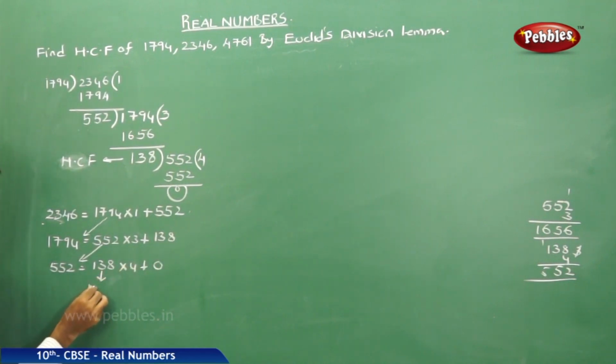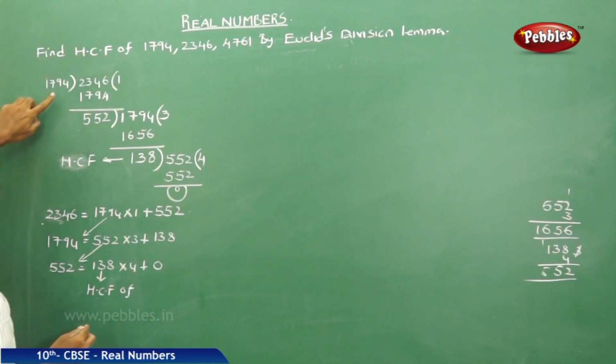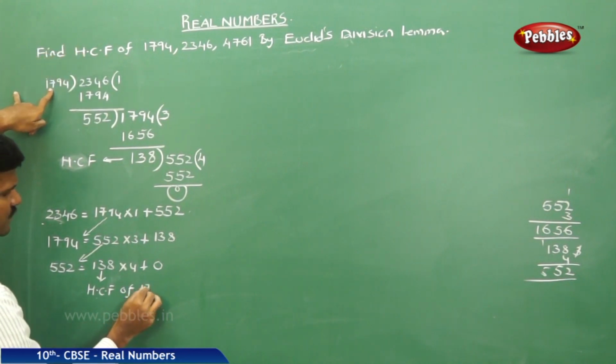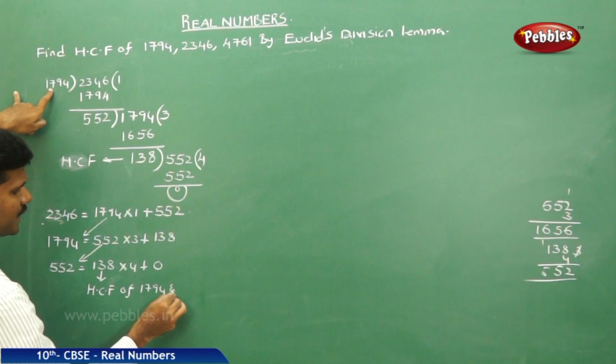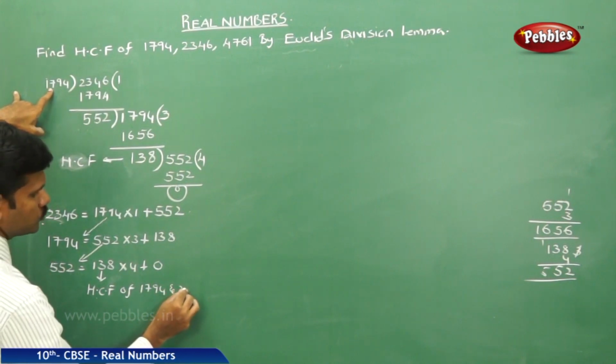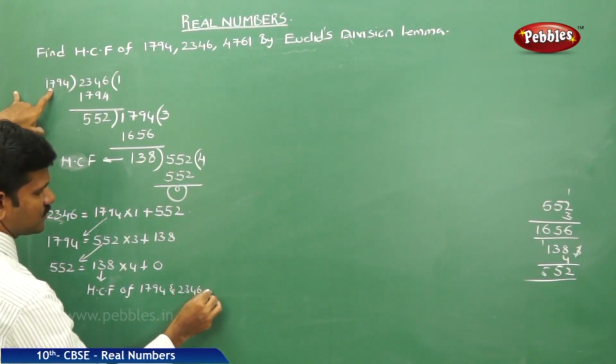Therefore, 138 is the HCF of the two numbers 1794 and 2346.